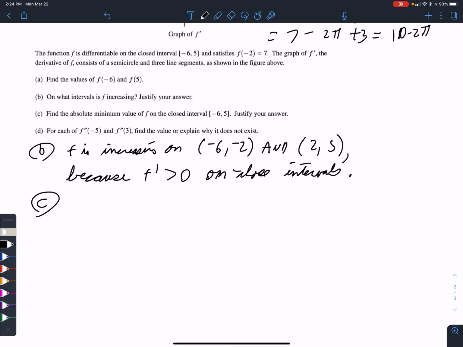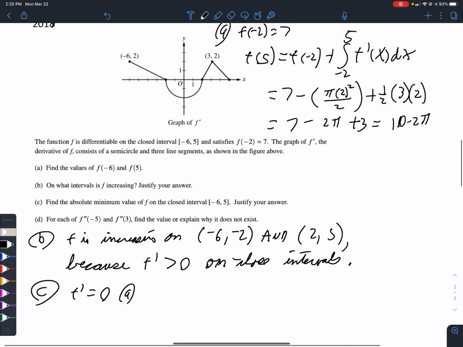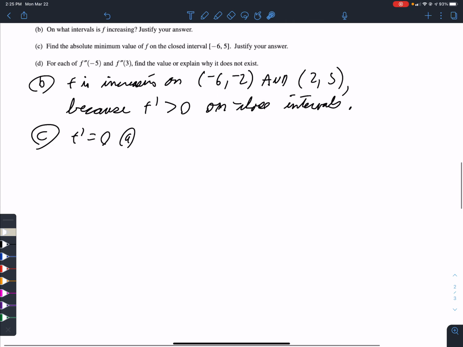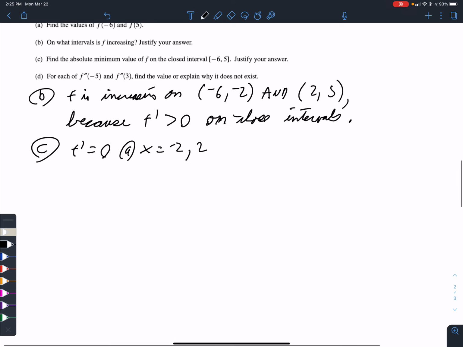Find the absolute minimum value of f. So absolute minimums occur at critical points or endpoints. So you need to find where the derivative is 0, and that occurs at -2 and 2. And how do you know where the minimum value is?